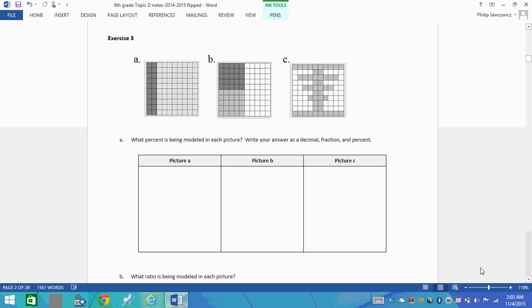So let's check in with you, and let's see how you are doing here. What I want you to do here is write the shaded amount as a percent. I'm going to change the directions, because we can do these directions different ways.